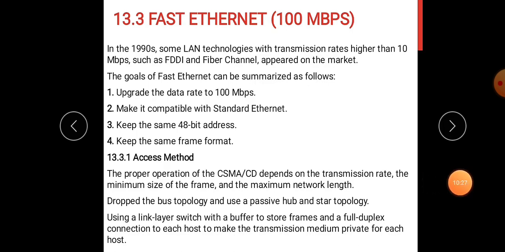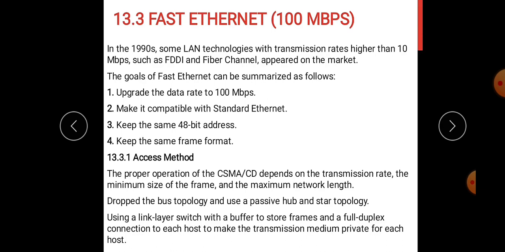Next we'll see about faster Ethernet. In the 1990s, some LAN technologies with a transmission rate higher than 10 Mbps, such as FDDI and Fibre Channel, appeared on the market. If standard Ethernet wanted to survive, it had to compete with these technologies.